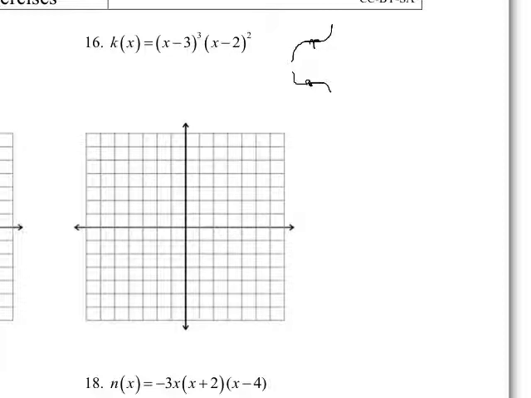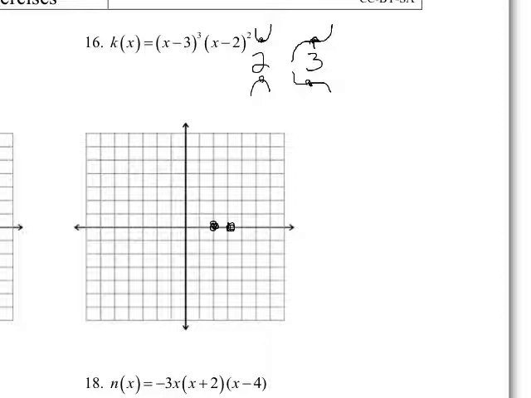And then we've got a double at 2. So at 2 it's going to either drop down and hit, or it's going to come up and hit. So we'll draw those 2 key locations. And then finally, we should find the y-intercept.